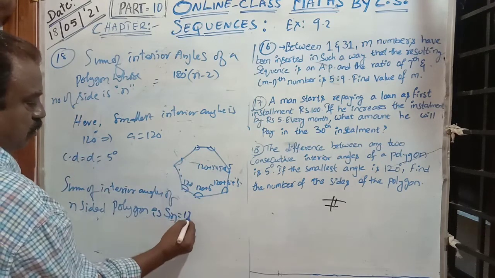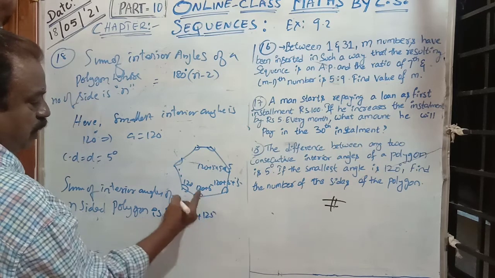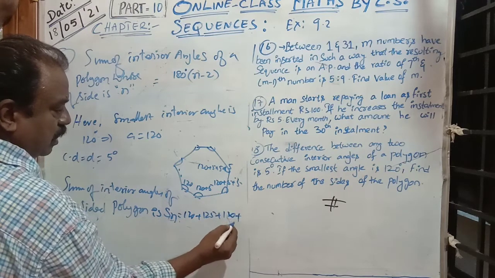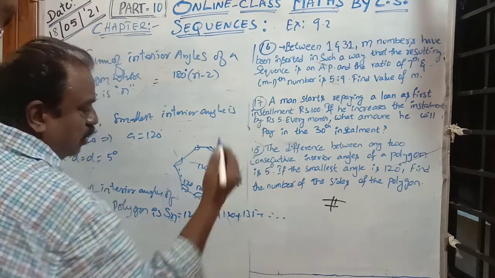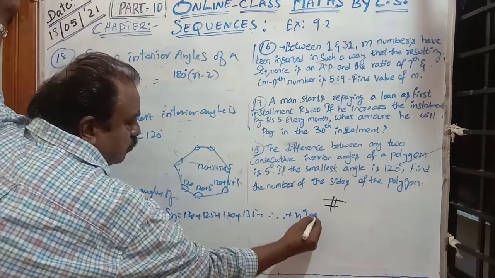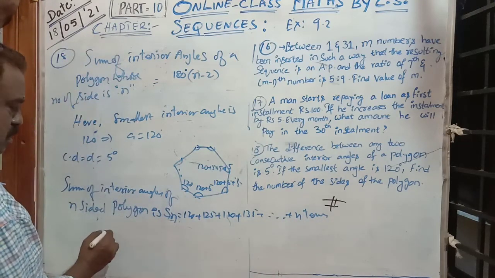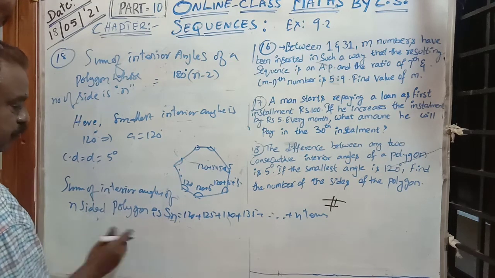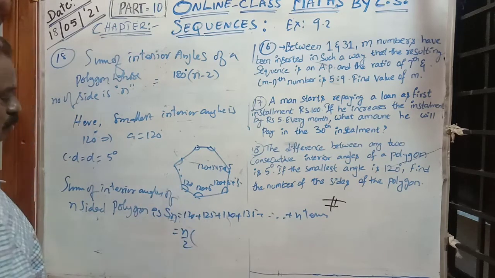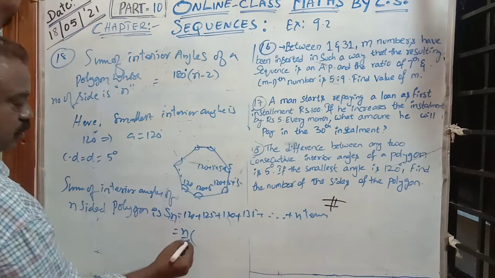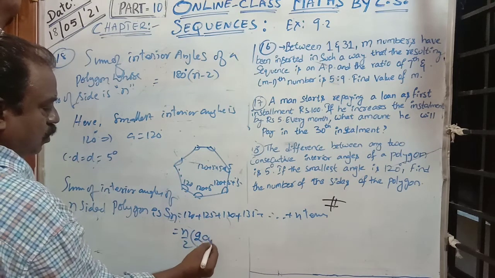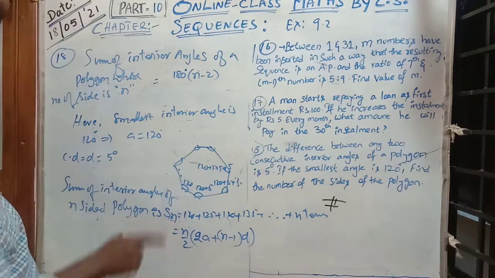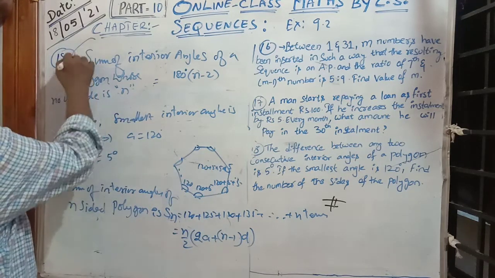Interior angles are 120 plus 125 plus 130 plus 135, going on up to n terms. What is the formula? Sn is n by 2 of 2a plus n minus 1 into d. Formula is there. But actually this formula is important.